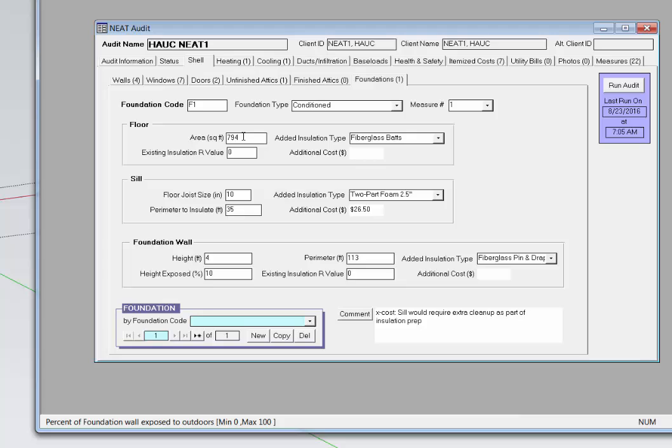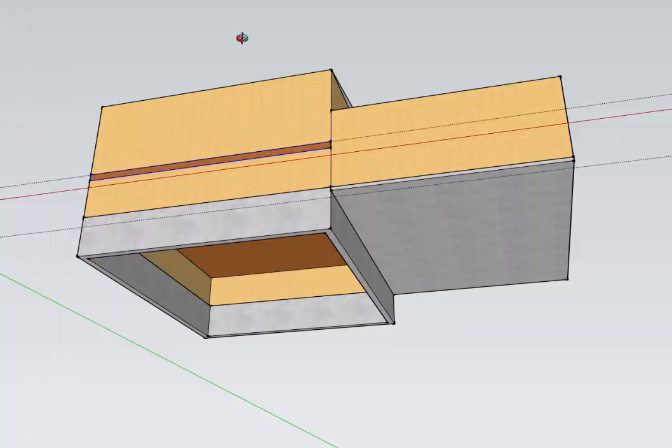And so they use that same area to calculate the amount of dirt floor or the amount of concrete, and they know that there's going to be a delta T there if it's a conditioned space, or if it's a non-conditioned space, then they know it's outside. So you're telling the audit all of these things.